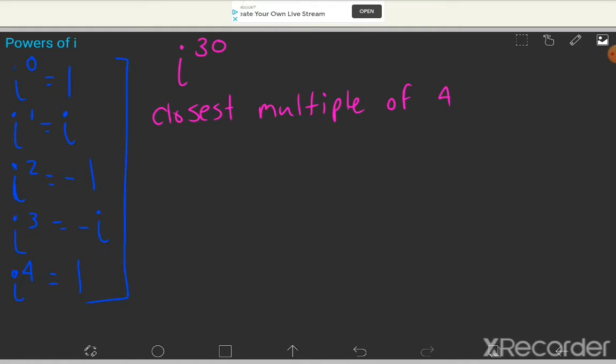Alright. So we want to find the closest multiple of 4 for 30, and the closest multiple would be 4 times 7, which would equal 28.